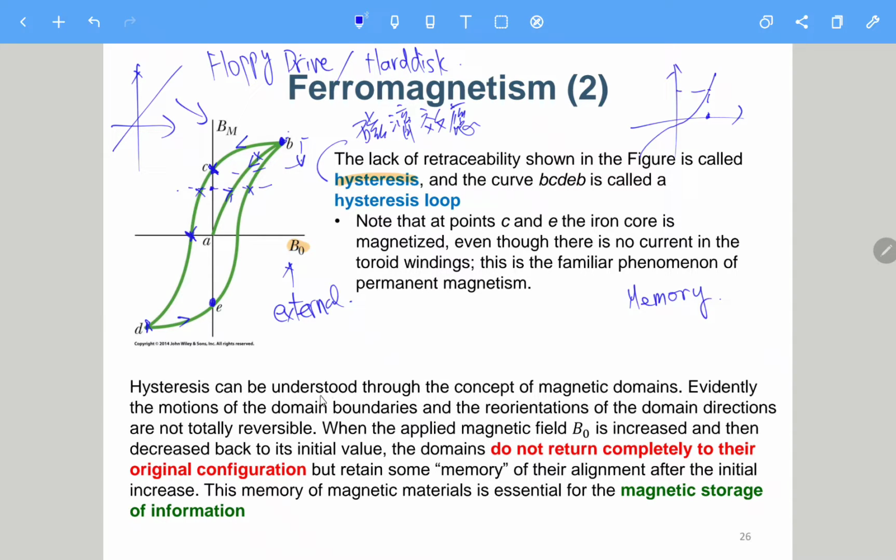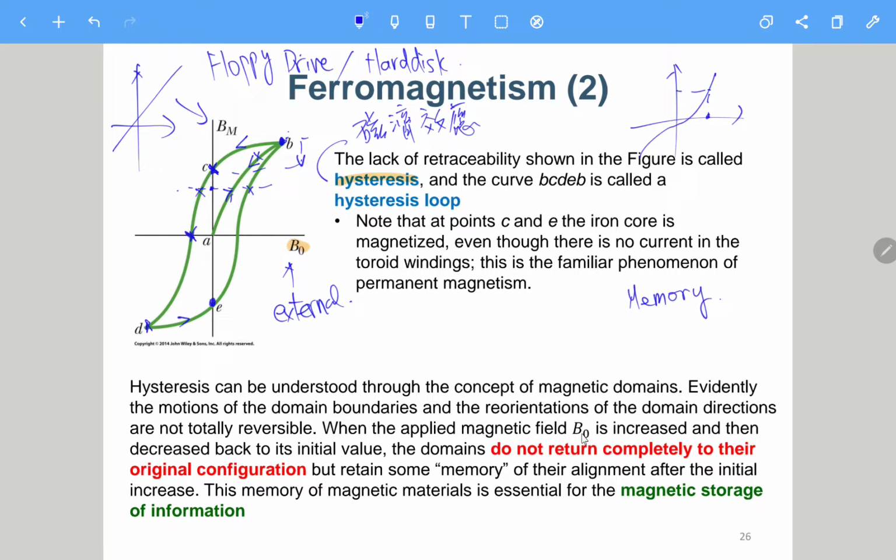Okay, so hysteresis can be understood through the concept of magnetic domains. Evidently, the motion of the domain boundary and the reorientation of the domain direction are not totally reversible.